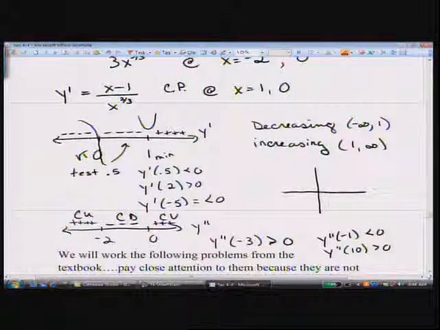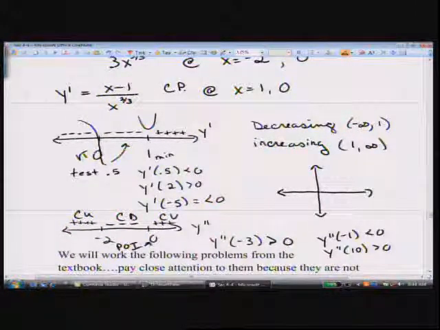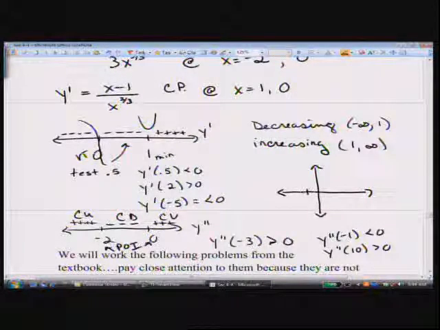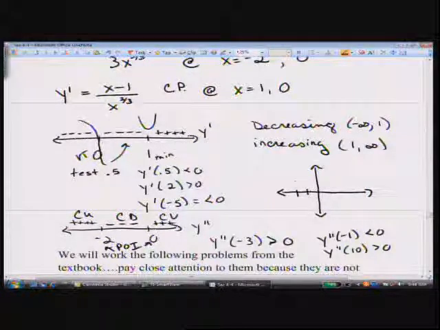So when I'm sketching the graph of the original function, I have to do some interesting things. So I have points of inflection at both spots, 0 and -2, because I changed concavity. At -2, I know that my function is decreasing all the way to 1. It's always decreasing, but it changes from concave up to concave down somewhere at -2.